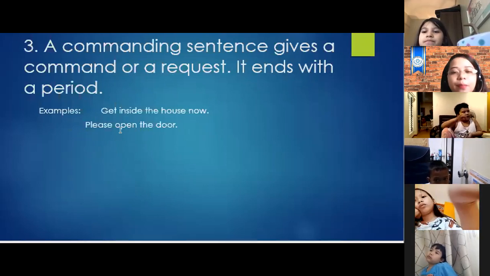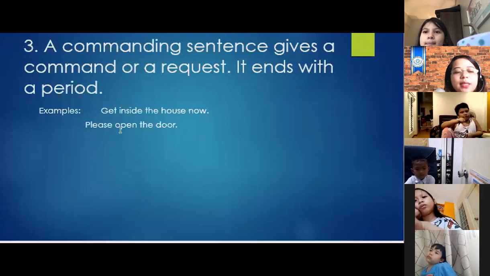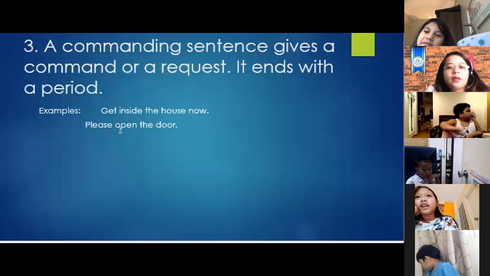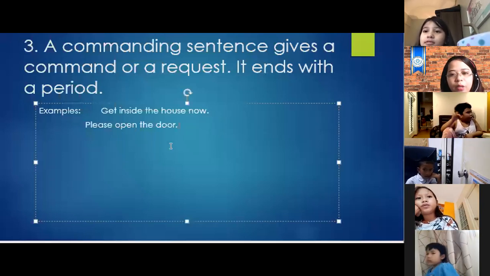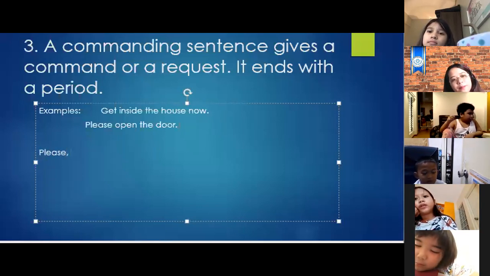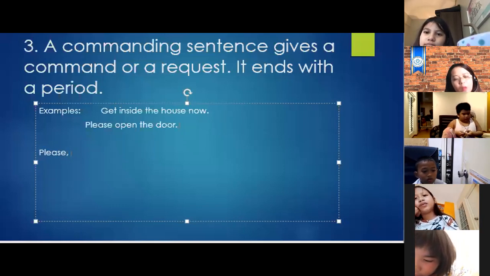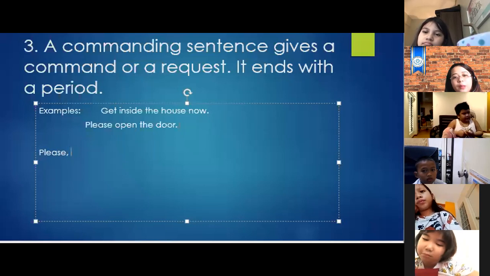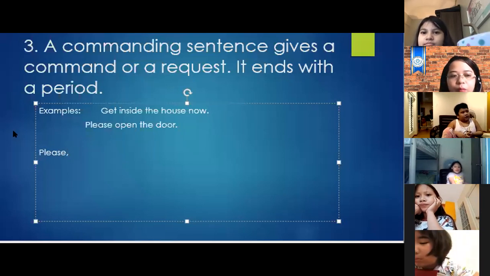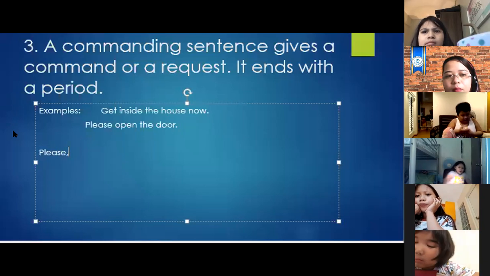Can you give me an example of a commanding sentence? Can you open the door? Please clean your room. Okay, so for this one, you may use please. Please open the door. Open the door now.